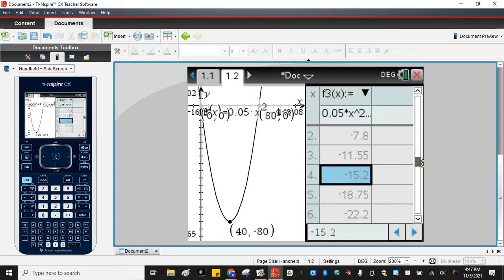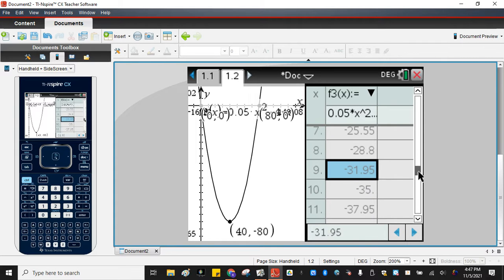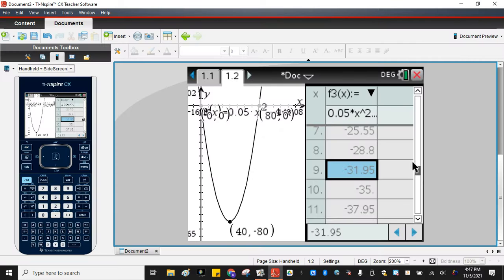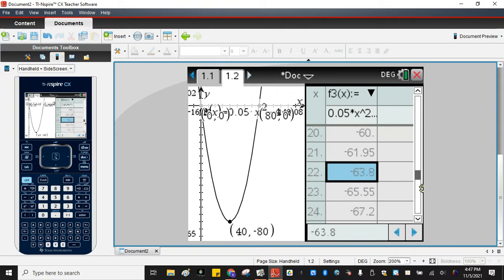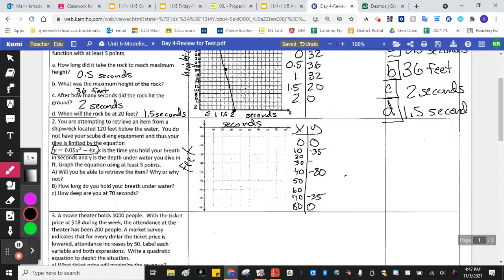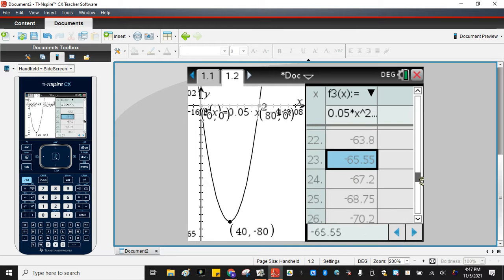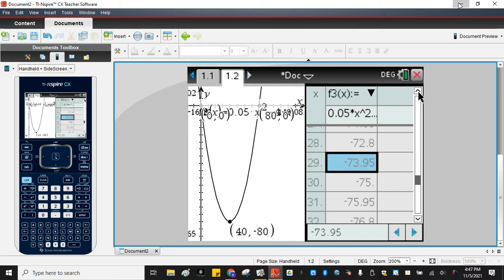I'm going to go to 10: 10, negative 35. So it's symmetrical, so this will be negative 35. 20, negative 60, and 30, negative 75.